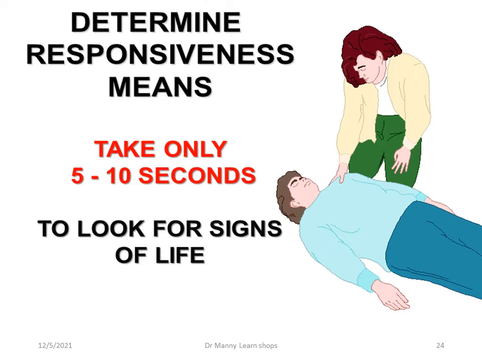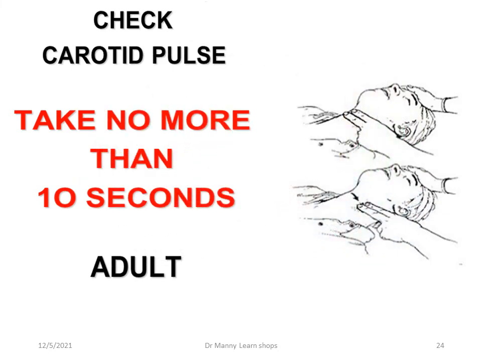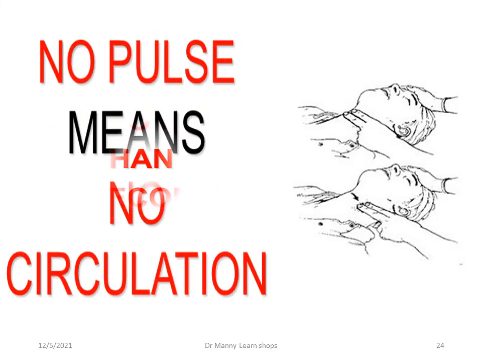Hey, are you okay? They don't seem to be breathing. They're not moving. They don't seem to have any signs of life. Check the carotid pulse, but don't take more than 10 seconds in an adult. If you can't find a pulse, can't feel a pulse, assume they don't have a pulse. No pulse means no circulation.